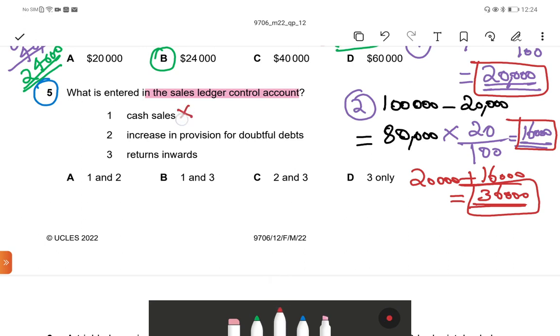Cash sales never enter in the sales ledger control account. Increase in provision for doubtful debts also. Provision will not enter, only bad debt is entered. Return inward or sales return. So only the third one is correct. So option D is the correct answer.